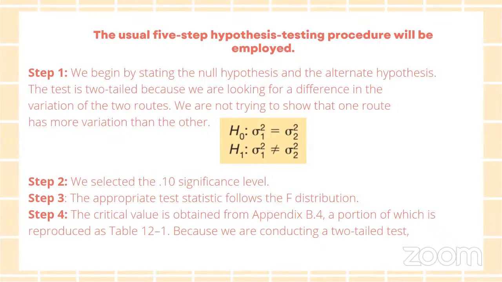Step 4. The critical value is obtained from Appendix B4, a portion of which is reproduced as Table 12.1, because we are conducting a two-tailed test.